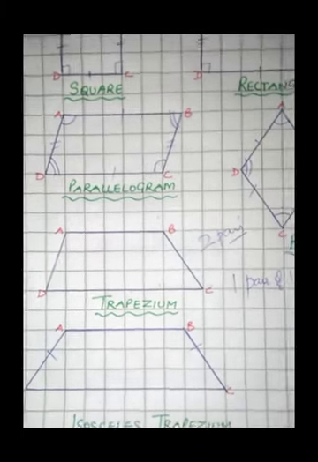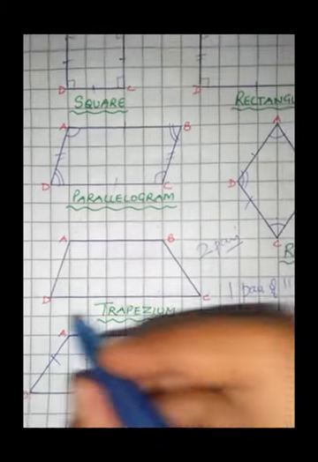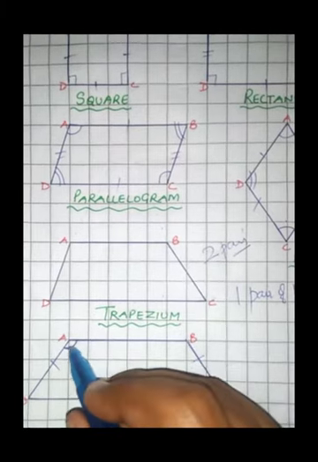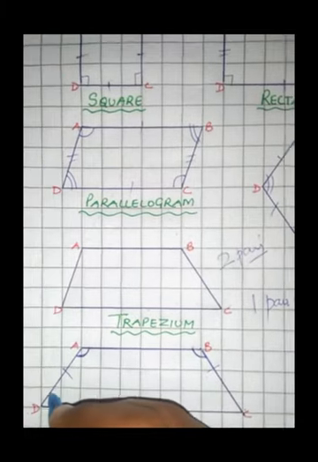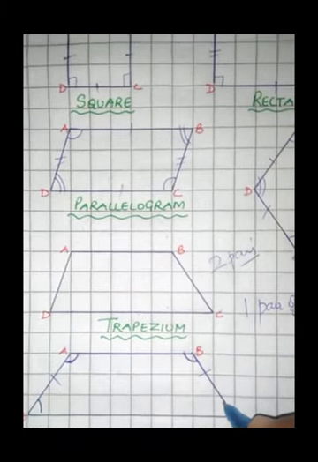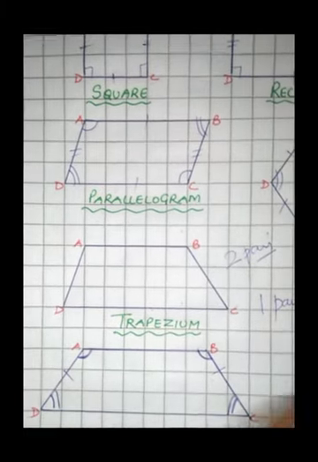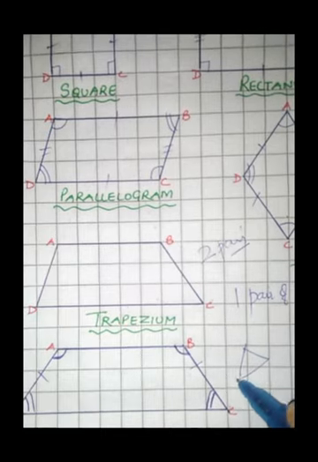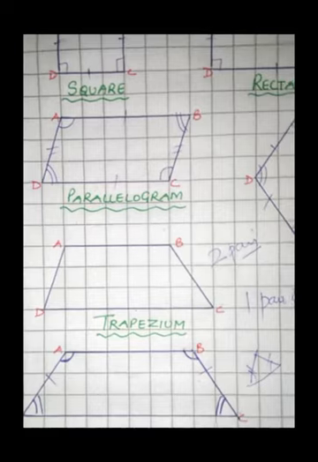Right? Now, when two sides are equal, the base angles are also equal. So here, the base angles will be equal. So angle A will be equal to angle B and angle D will be equal to angle C. Like in an isosceles triangle, you have studied that if two sides are equal, their base angles are also equal.